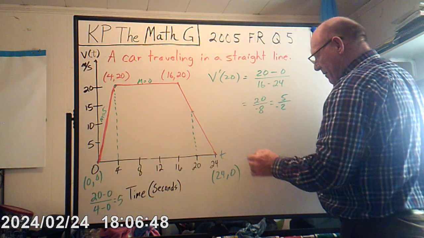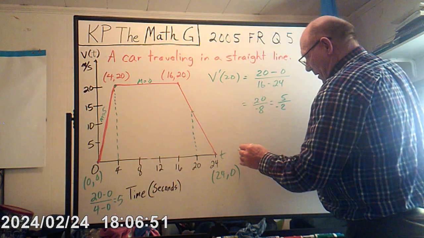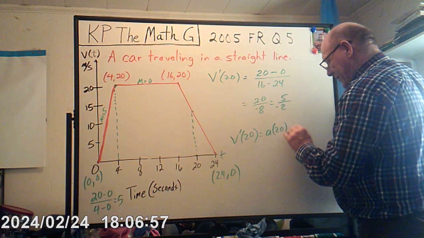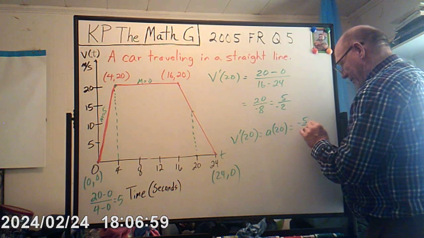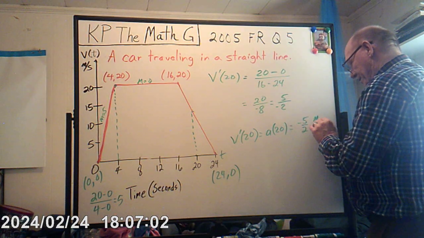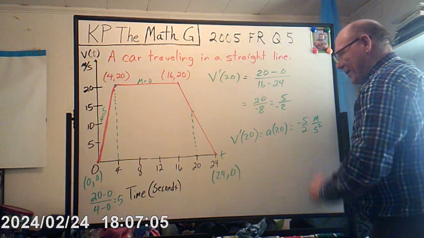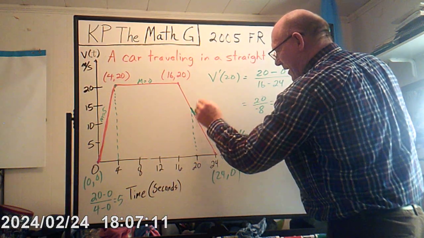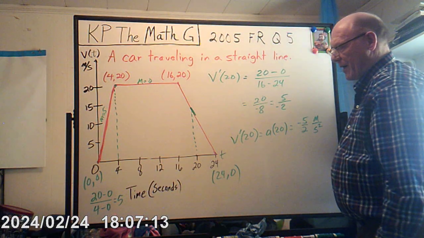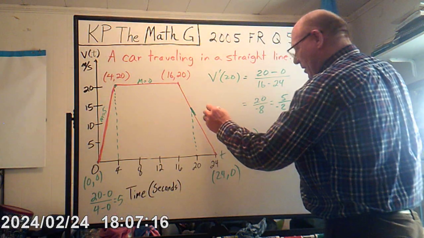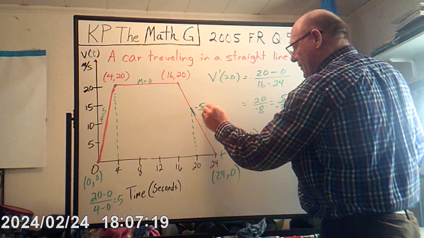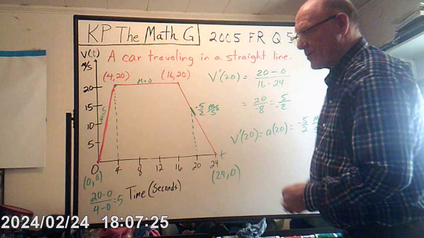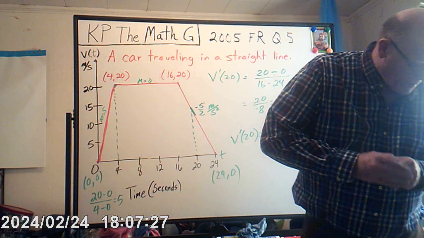So we need to get our units right. V prime at 20 is A at 20, which is equal to negative 5/2 meters per second squared. There it is. You're looking at the slope right there, at that point there. This slope is negative 5/2 meters per second squared. And that's really what you have to do there.